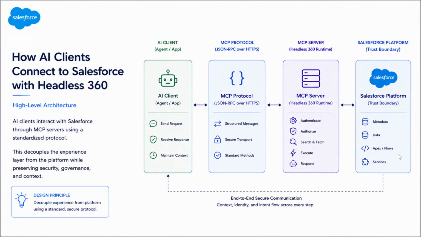Everything is sitting here, and this is how the overall end-to-end secure communication happens. Your AI client can be, let's say, ChatGPT, Claude, whatever, and they would interact with your MCP server using these MCP protocols, and then the MCP server will do the rest of the connection with Salesforce, retrieve the information and show it to you.